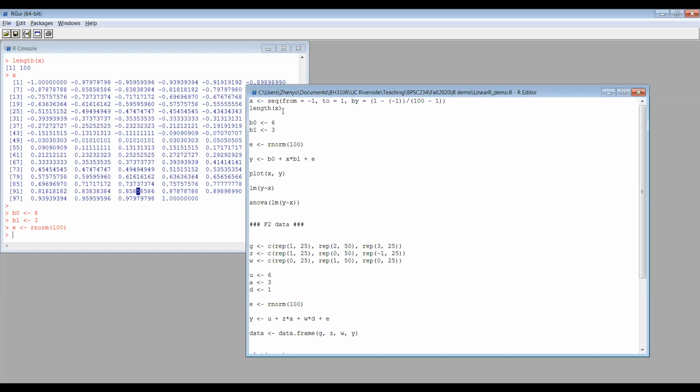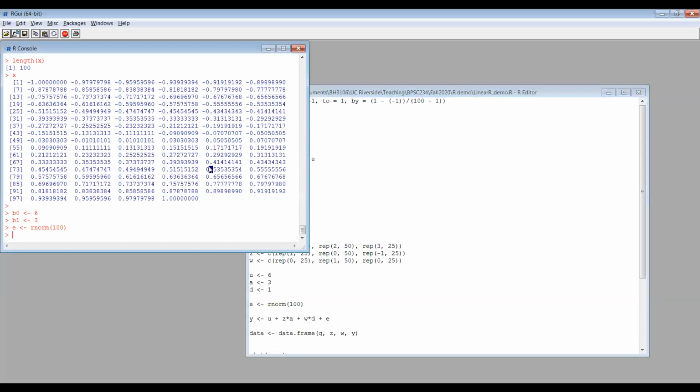So first we generate the pseudo genotypes for 100 individuals. Now we set the intercept equal to 6 and the slope equal to 3. And finally, we generate 100 measurement errors. We use this command line to generate 100 errors here.